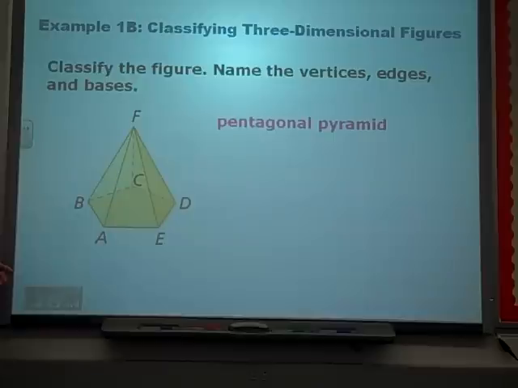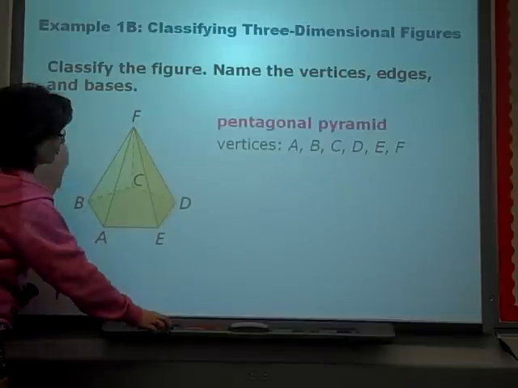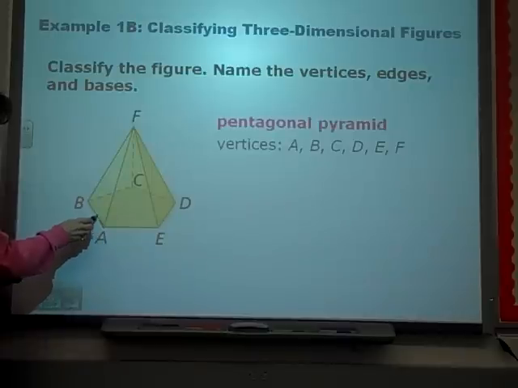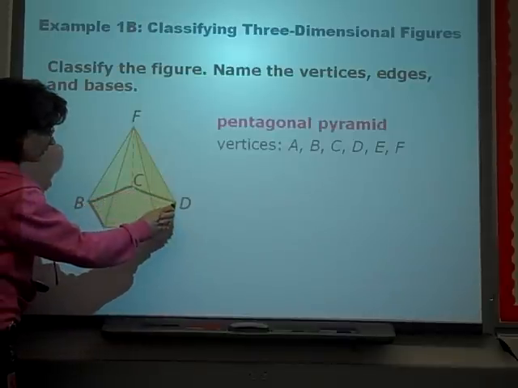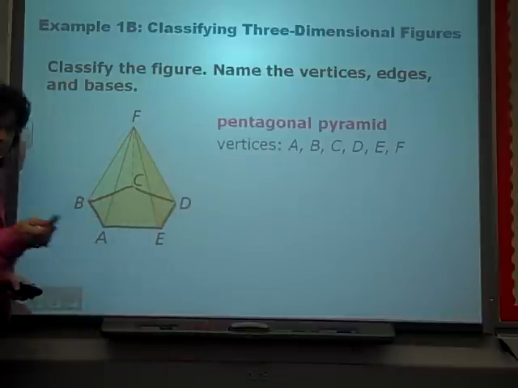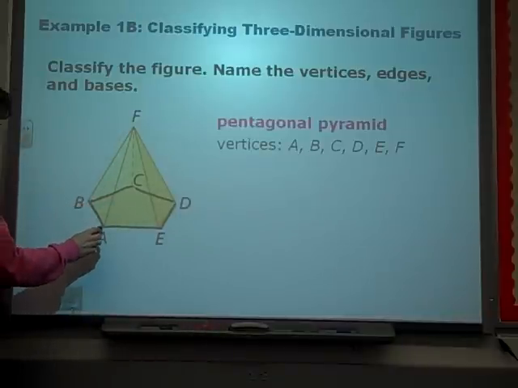Now, name our vertices. Just our points, A, B, C, D, E, F. Just name them with the comma after them. Name our edges, everywhere the base meets. And one nice way to do this is first just go around your base, A, B, B, C, C, D, D, E, A, E. Now, get all your edges up to the top point.